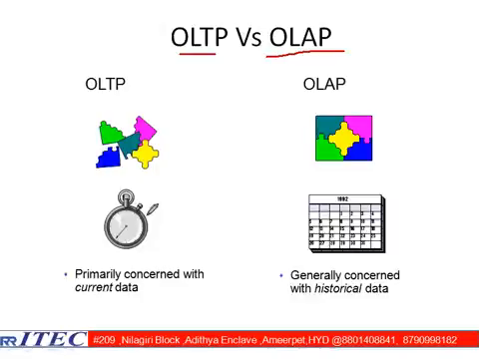If you want to know something extra, you need to go for a calendar. Something is concerned with historical data, and something with current data. So OLTP is always concerned with current data and OLAP is always concerned with historical data. Symbolically, this is a watch and that is a calendar.